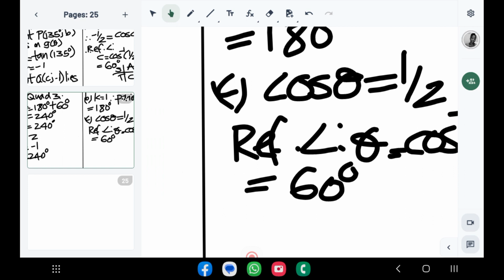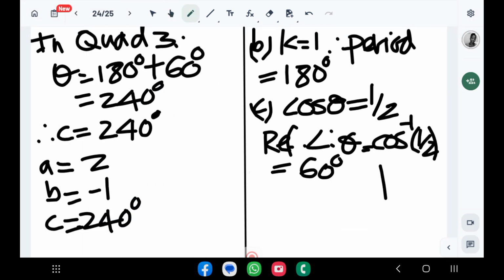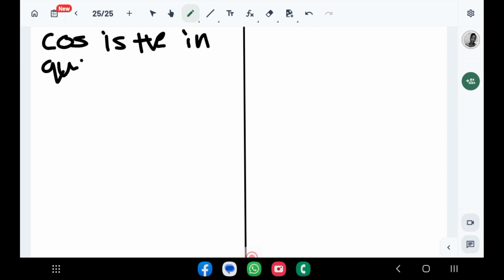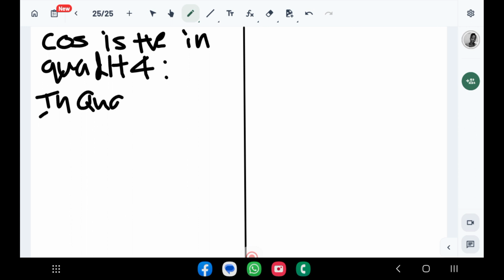According to the Cartesian diagram, cos of theta is positive in quadrant 1 and quadrant 4. In quadrant 1, we represent our angle as the reference angle, which is equal to 60 degrees.